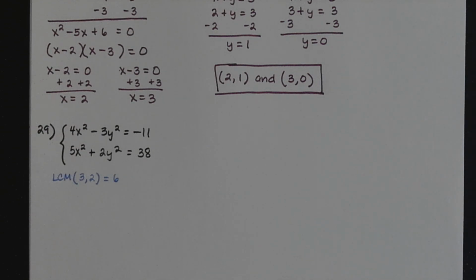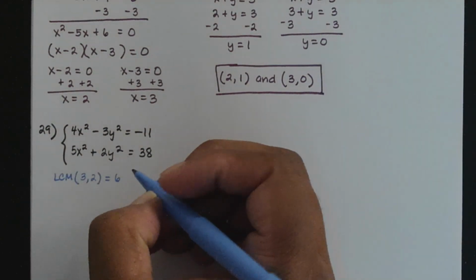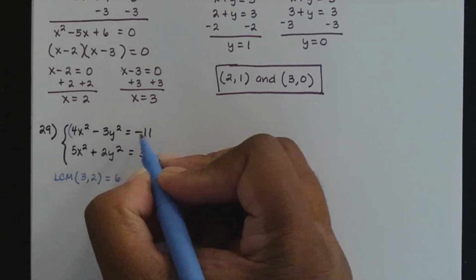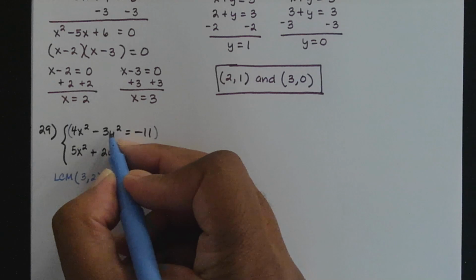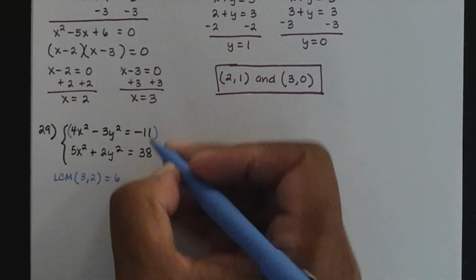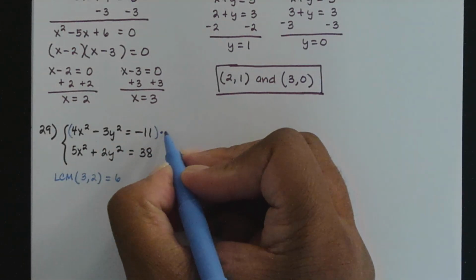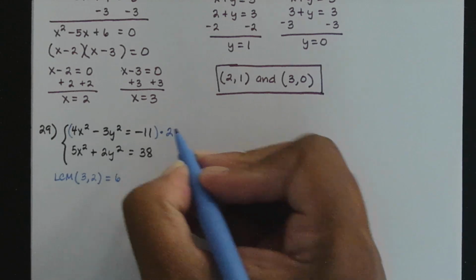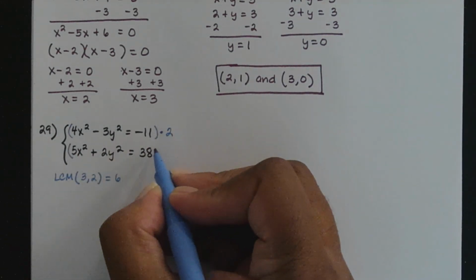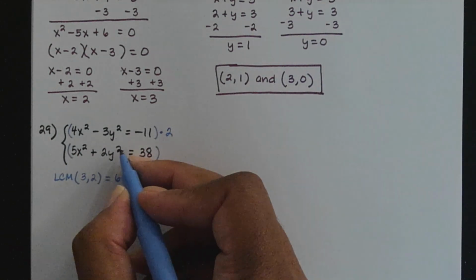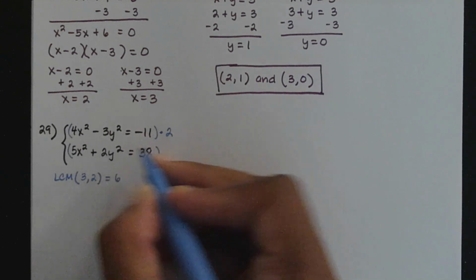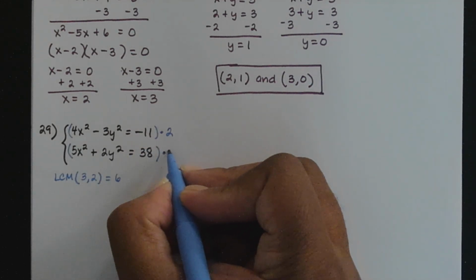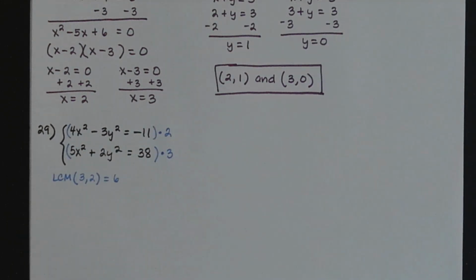So for the first equation, 4x squared minus 3y squared equals negative 11, if I want that minus 3y squared to become minus 6y squared, I need to multiply that equation by what number? By 2. And for the second equation, if I want that 2y squared to be 6y squared, I need to multiply that equation by 3.